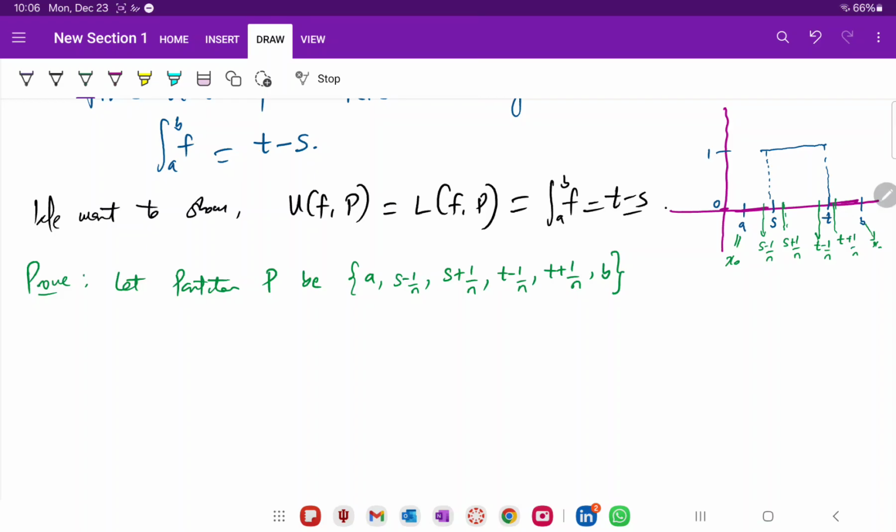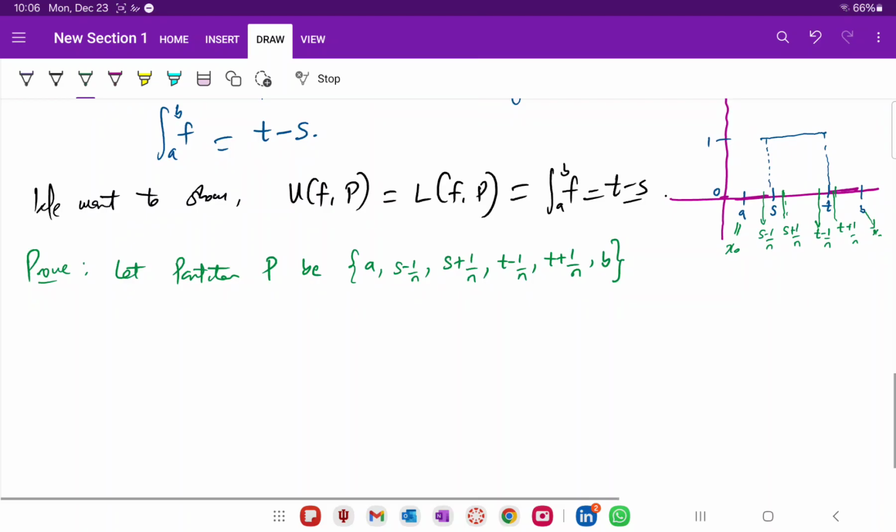Okay, so we are going to check what happened on these subintervals we have. Let me put the intervals here explicitly so that you can understand.